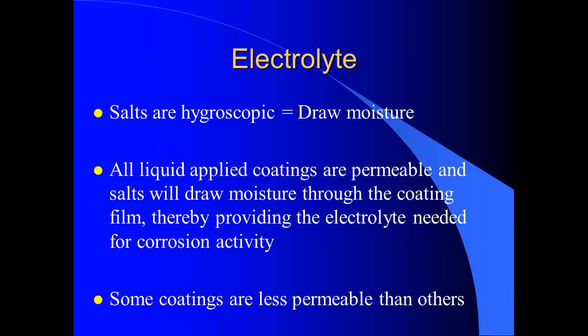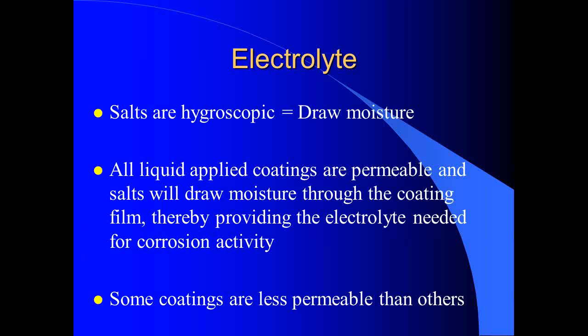All liquid applied coatings are moisture vapor permeable, and the salts will draw the moisture vapor through the coating. They don't actually draw a droplet of water through there. They actually take the moisture vapor and suck it right through the coating, where it condenses or coagulates back into moisture behind the paint film.